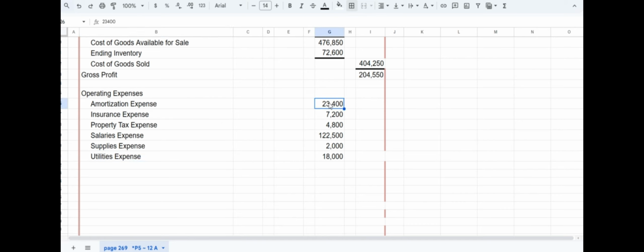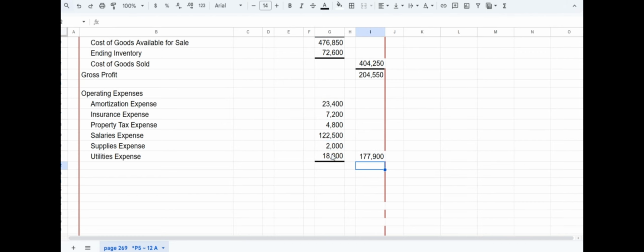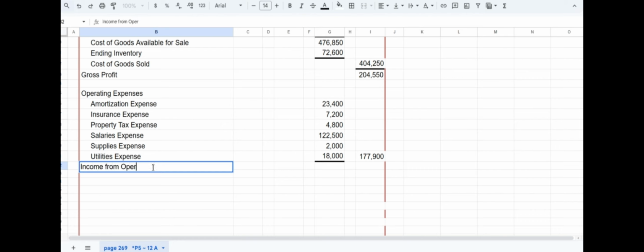Now we can add these all up to find the total expenses, which is 177,900, and we want this number so that we can get the income from operations.